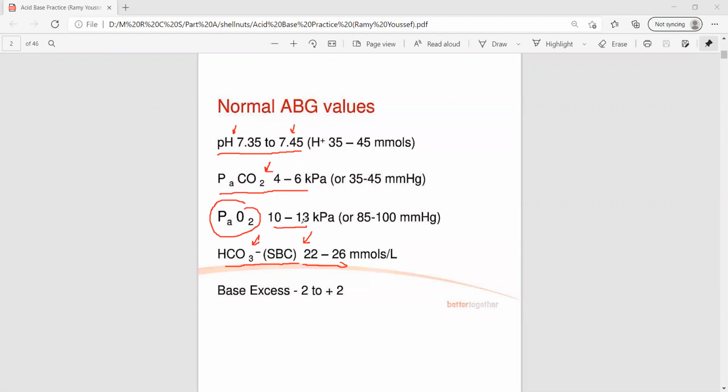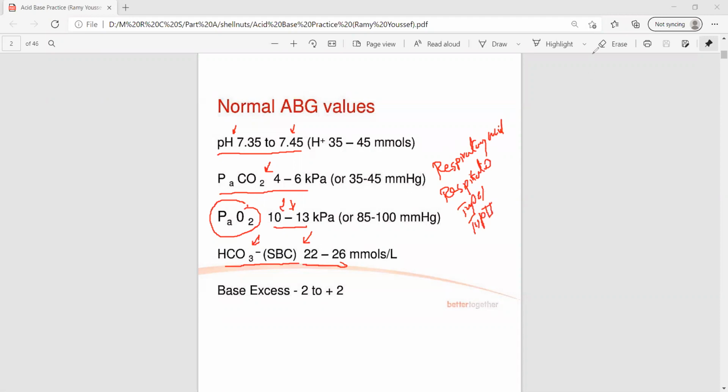This is also very important to know, because the O2 will help you in case of respiratory acidosis to know whether it is respiratory failure type 1 or type 2.